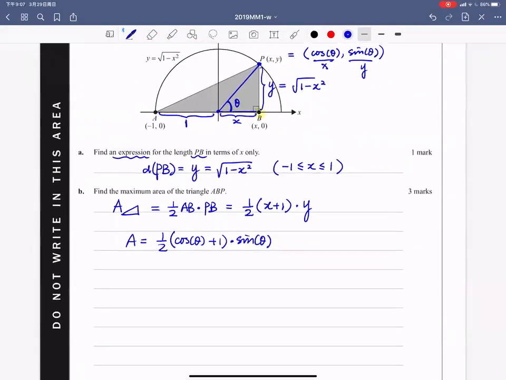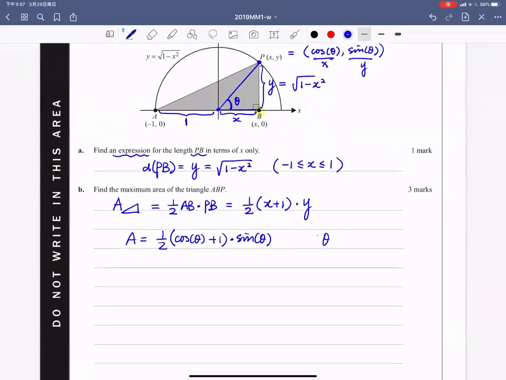Definitely, I know the theta value can start from 0, when it's here, or it will end up here, smaller than pi. Okay, now, if I take the derivative of A with respect to theta, then you should have half the derivative of the first one times the second one.